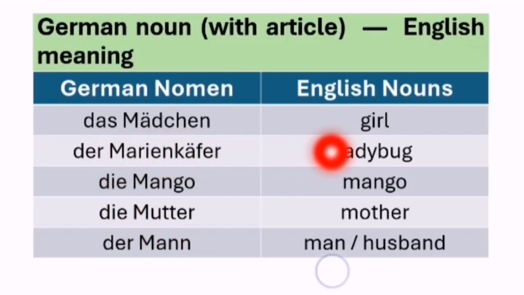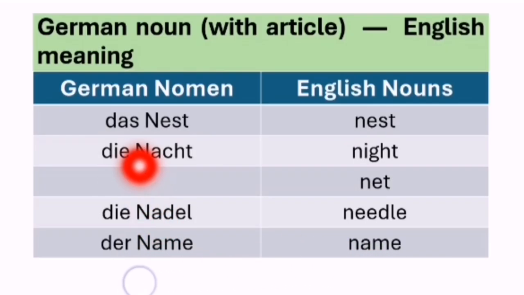Das Mädchen, girl. Der Marienkäfer, ladybug. Die Mango, mango. Die Mutter, mother. Der Mann, man or husband. Das Nest, nest. Die Nacht, night. And I don't know what word is used for net in German.